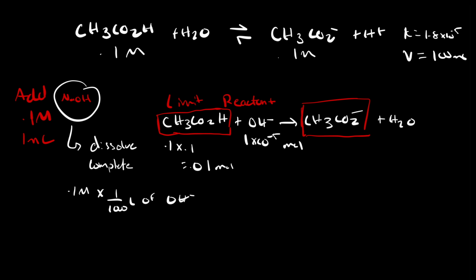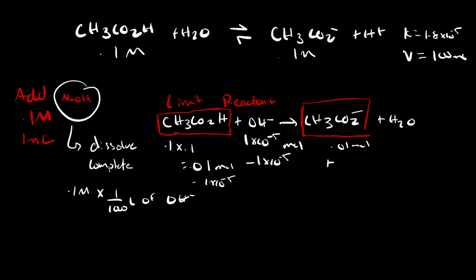So now we determine how much CH3CO2 minus we create. If you remember here, we already started off with a concentration of 0.1. And if you want to convert it to moles, then it would be 0.01. So that means that we have to subtract from both sides here 1 times 10 to the negative 5.